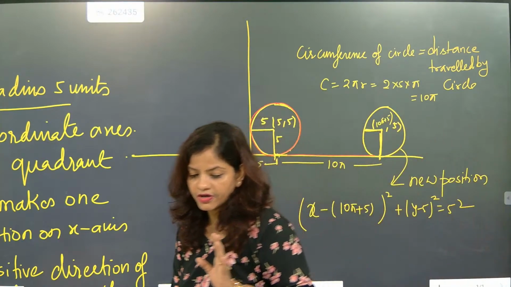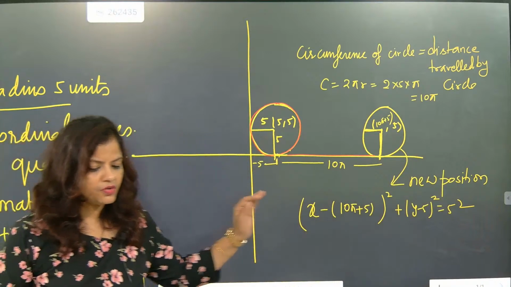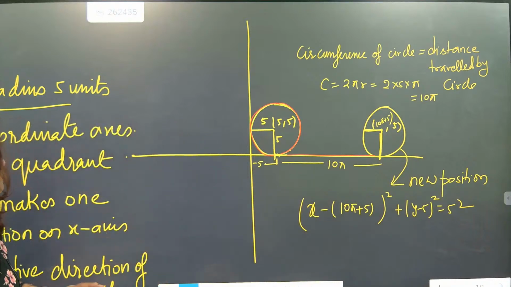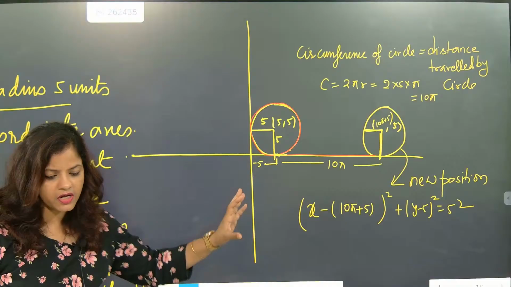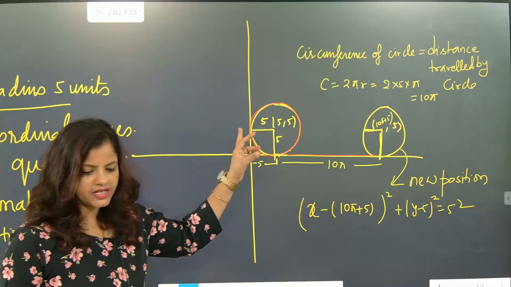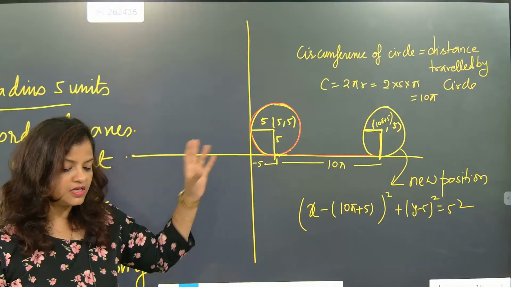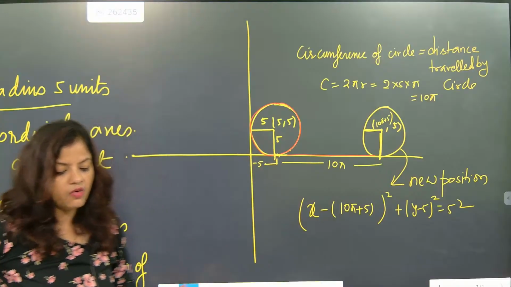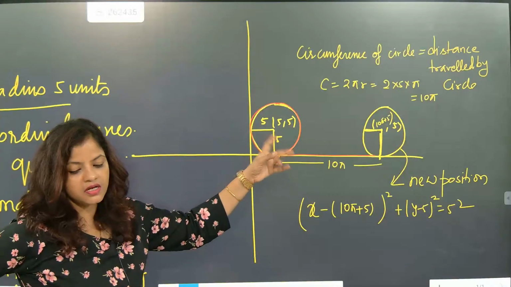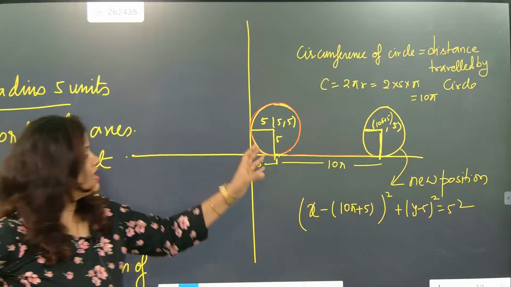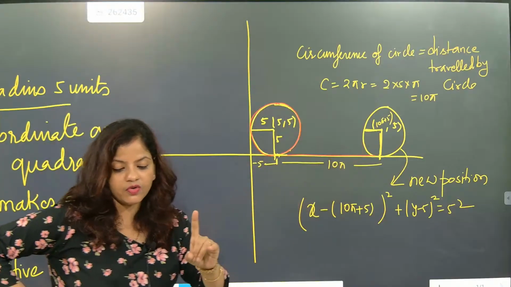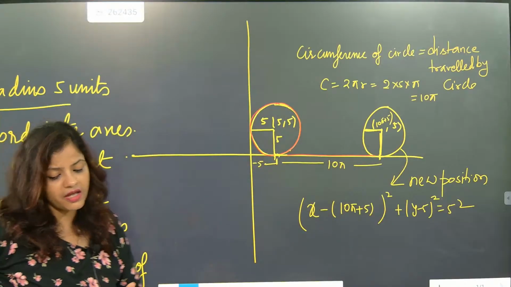I hope everybody understood this one. Come on, say children, did you understand this part? What I have done, I did not do any big work. The circle will be touching both the x-axis and y-axis, because they told us the circle is touching both the coordinate axes. After that, the circle will start its one rotation. Here the catch can be anything.